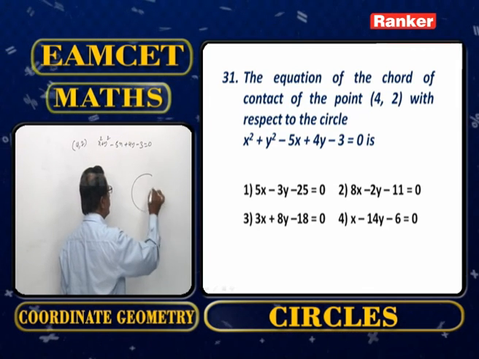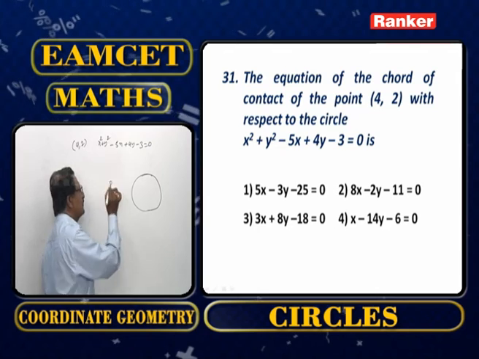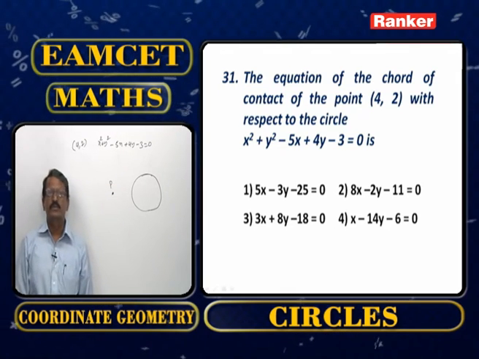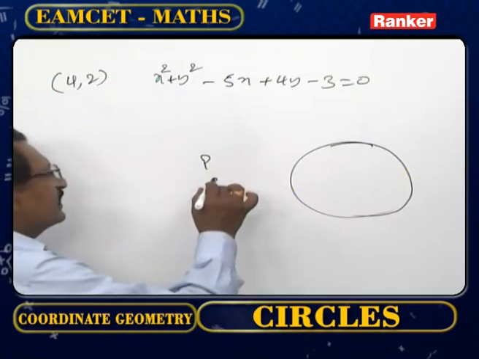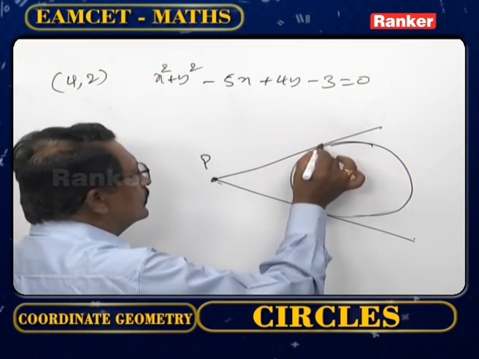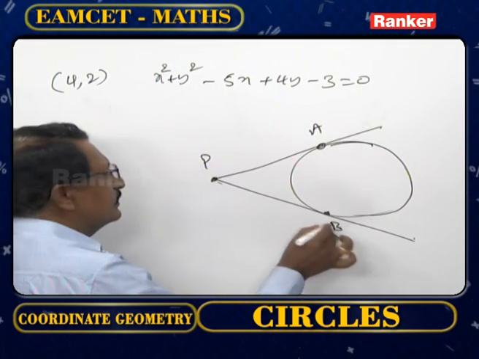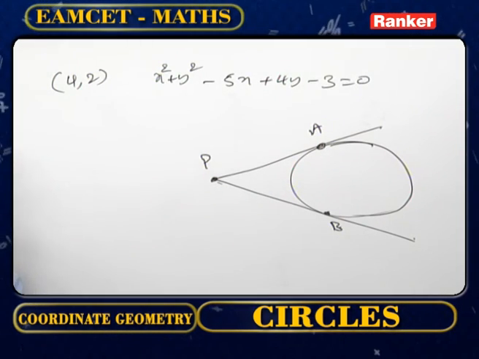Suppose there is a circle, and P is a point that lies outside of the circle, an external point to the circle. From the external point two tangents can be drawn. Suppose PA is one tangent and PB is the second tangent drawn from the point P to the circle.